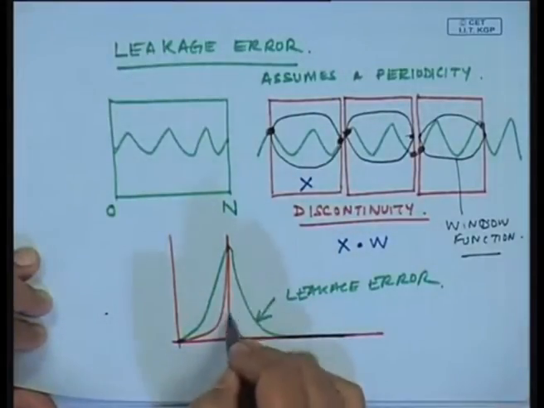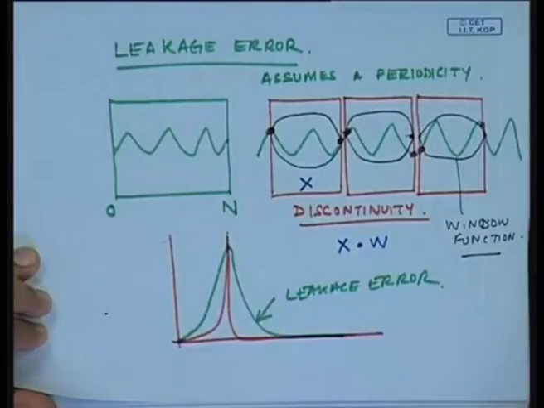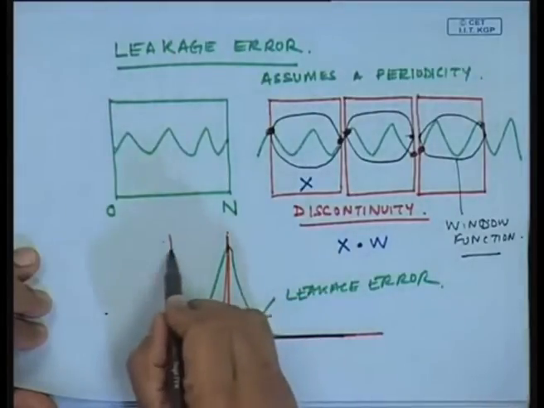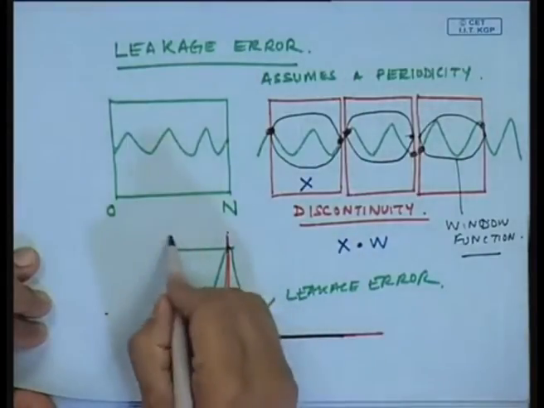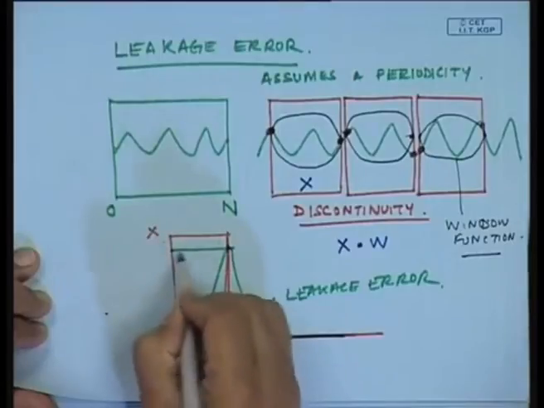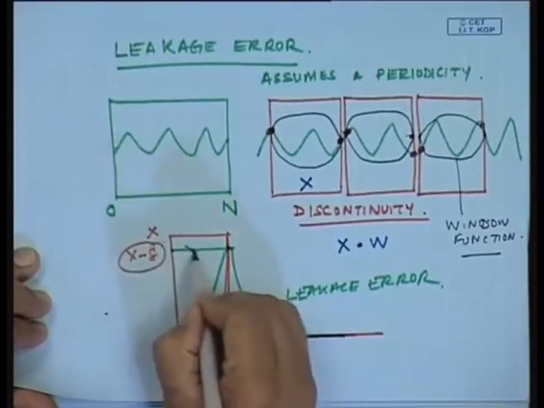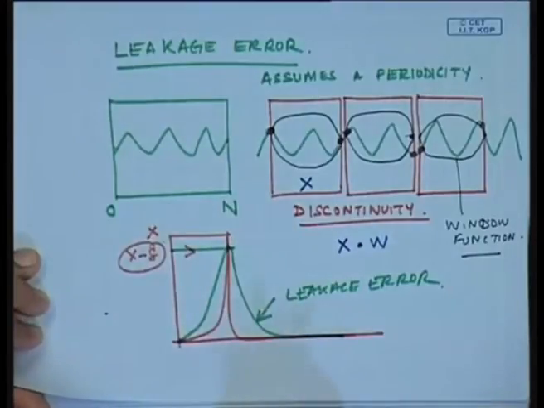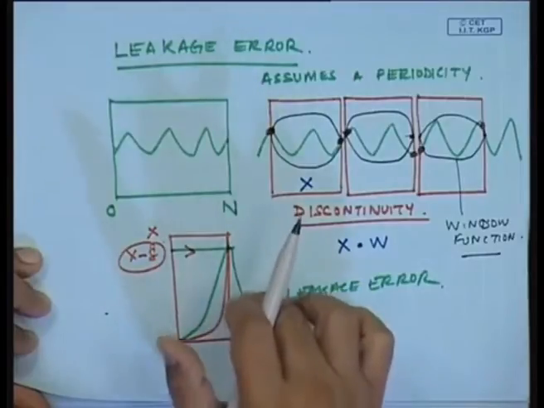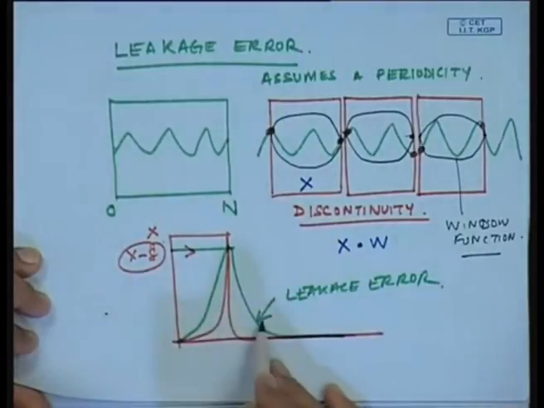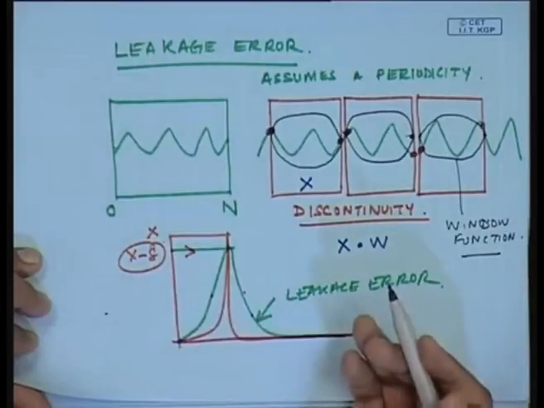So, with windowing I will get as close to the correct amplitude as possible, because here you see, because of the leakage, my correct amplitude is given by this red signal x, but because of leakage I am getting this signal. So, this is a wrong estimation of the amplitude of the signal, and sometimes also wrong estimation of the frequency, because you do not know whether to take this frequency, this frequency, this frequency, and so on.